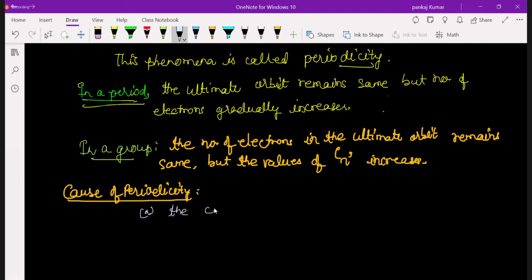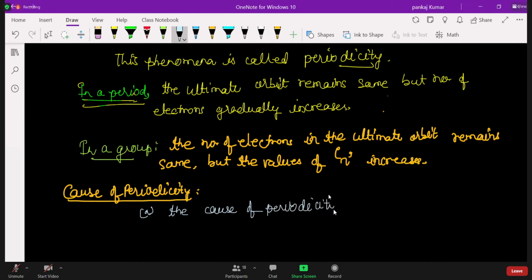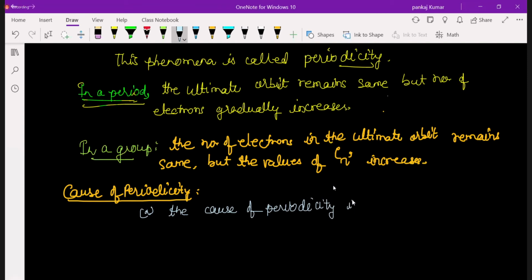The cause of periodicity. You should have very good notes. So if you have good notes, you will be able to understand. The cause of periodicity in properties. Property, we already discussed the atomic properties.